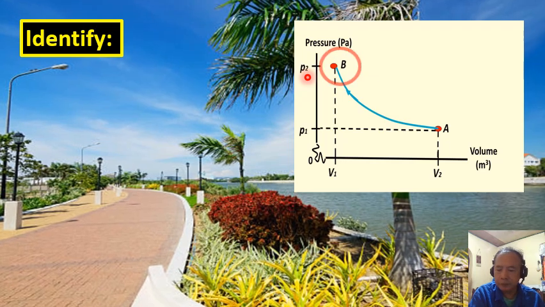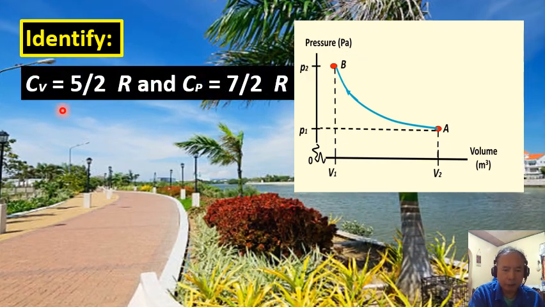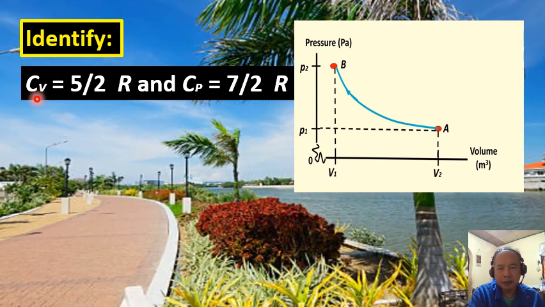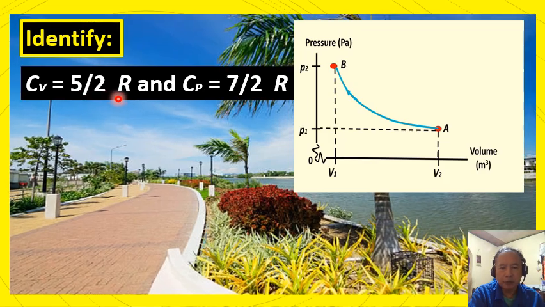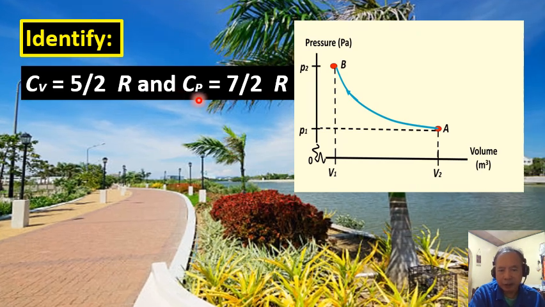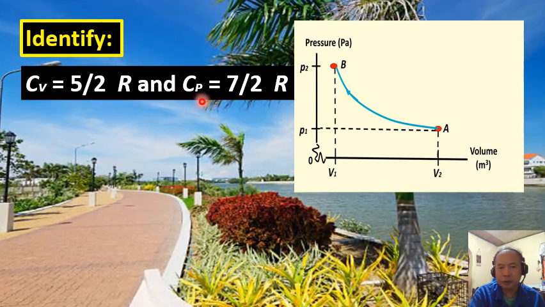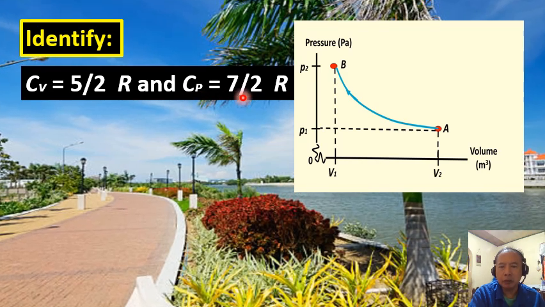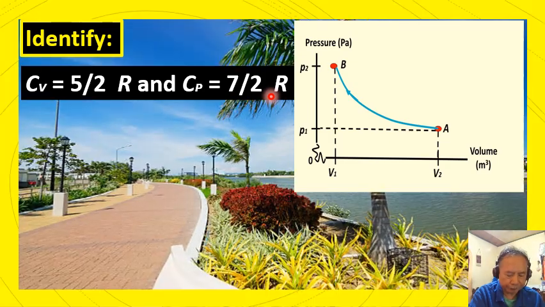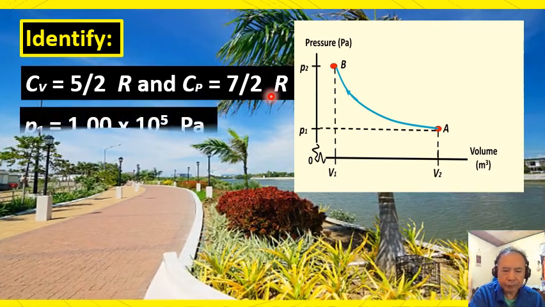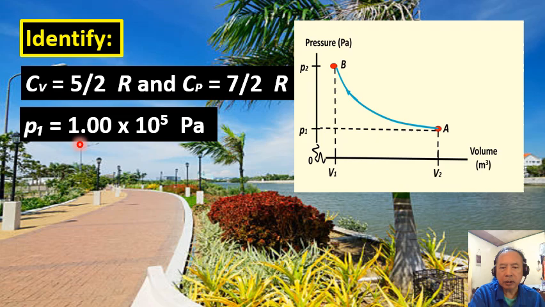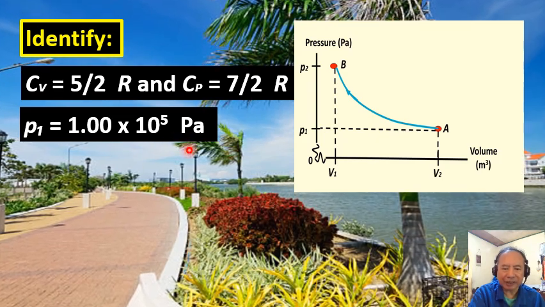We are given the molar heat capacity of the gas at constant volume, capital C sub V equal to 5/2 of the universal gas constant, big R, as well as the molar heat capacity of the gas at constant pressure, denoted by capital C sub P equal to 7/2 of big R. The initial pressure P1 equals 1.00 × 10^5 Pascal.